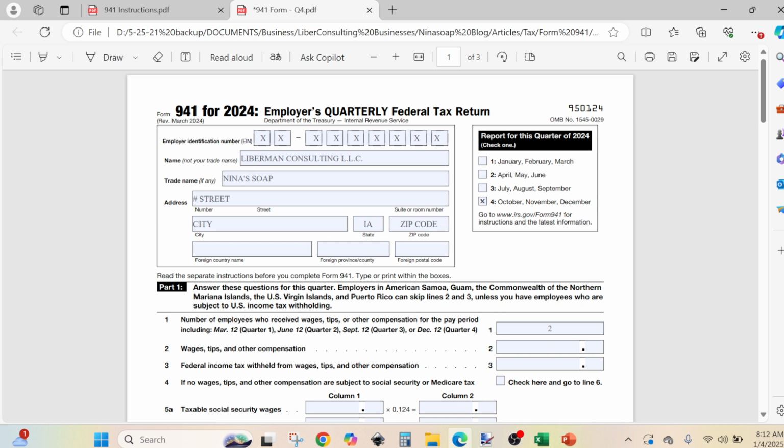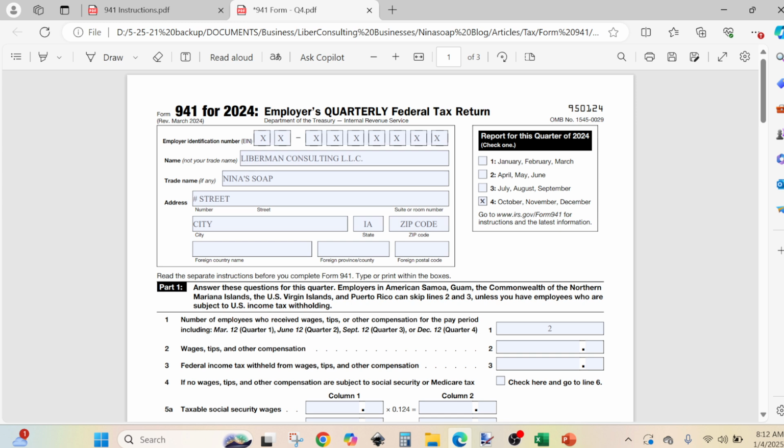You have your business information entered, EIN, business name and address, and you check quarter 4 that you are filing for, October, November, and December. Number of employees that you pay for the quarter. In this example, we are going to use 2.